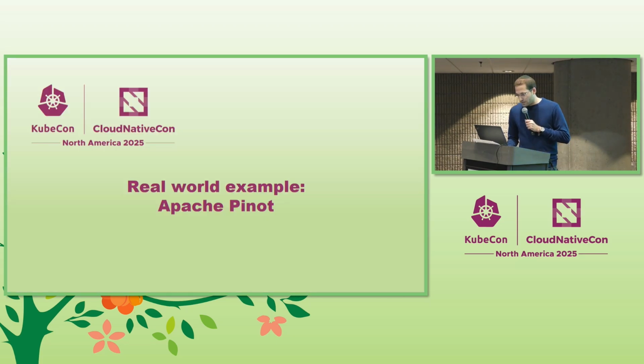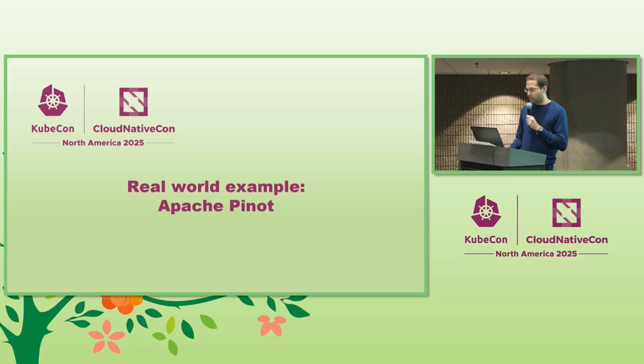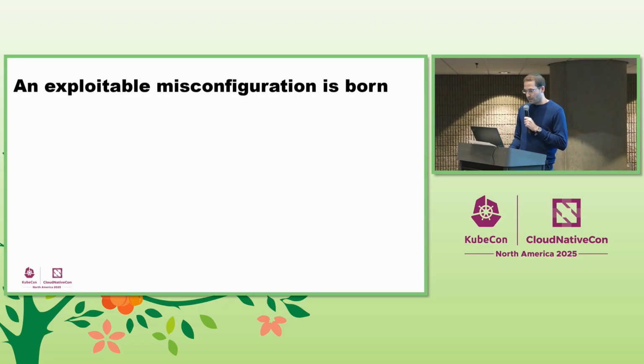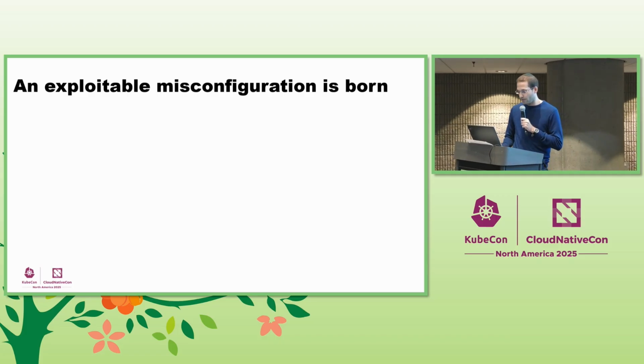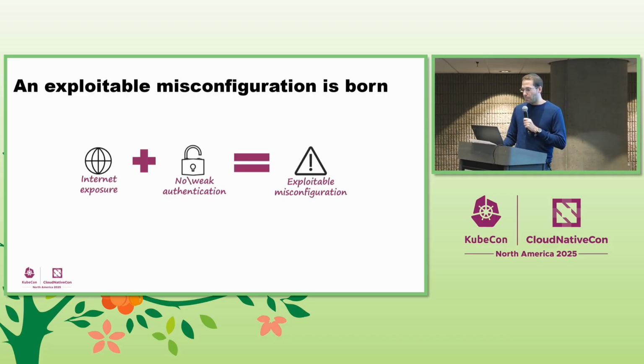Okay, so let's see real-world examples. Just before we talk about our first finding, let's take a second to ask, what turns a misconfiguration into an exploitable misconfiguration? Because there are many misconfigurations, but what turns a misconfiguration into an exploitable one? Usually it's a combination of two things.